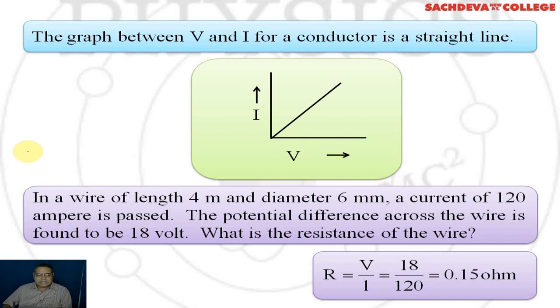So it is a direct application of Ohm's law, that is V is equal to IR, or R is equal to V over I. Voltage is provided and current is also provided. Here the length and diameter are not changing. So R is equal to V over I, and the result comes to 0.15 ohm.